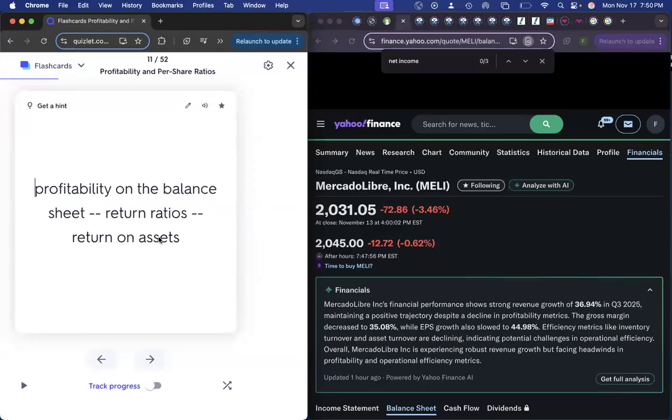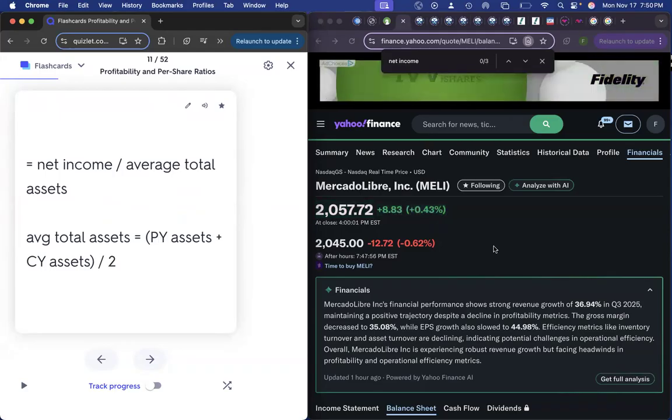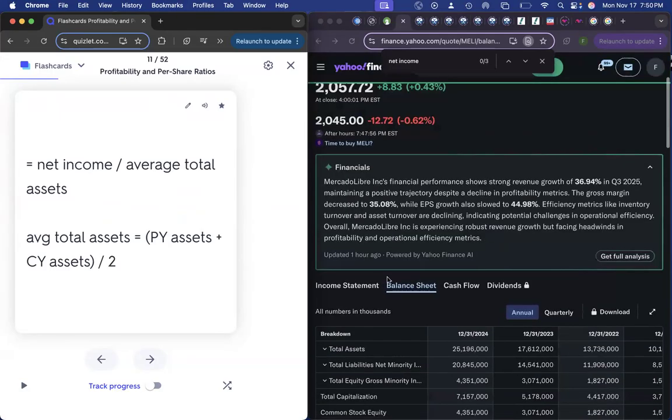The first one, return on assets, is net income divided by average total assets. And average total assets is the previous year's assets plus the current year's assets, divided by 2.